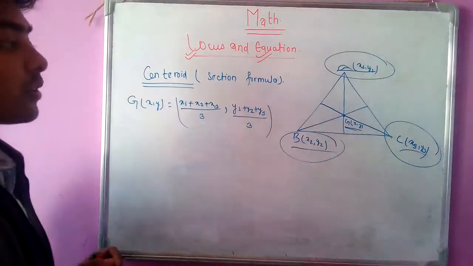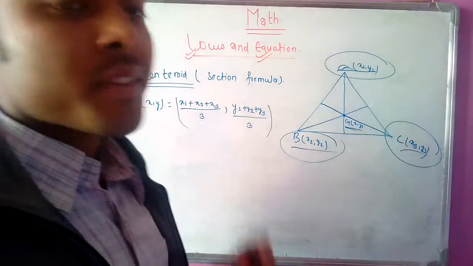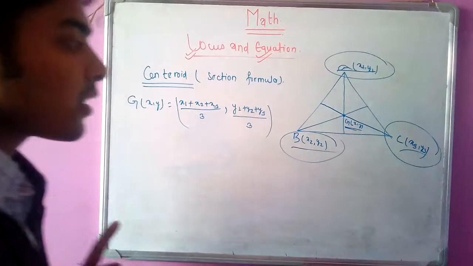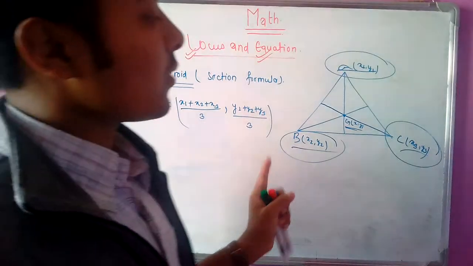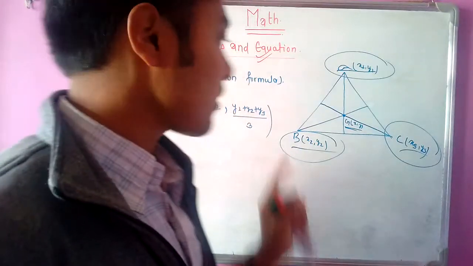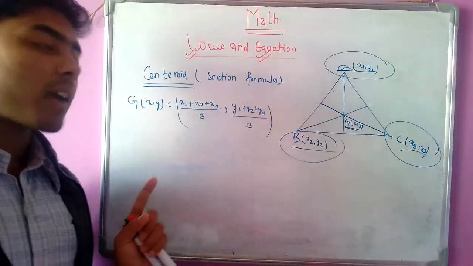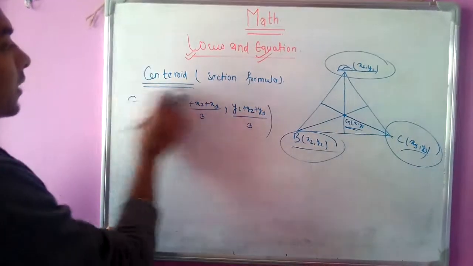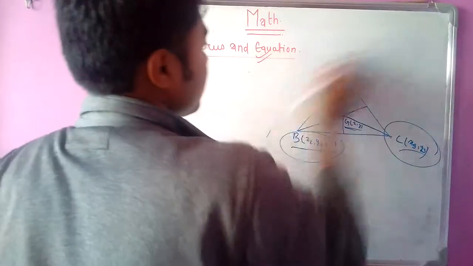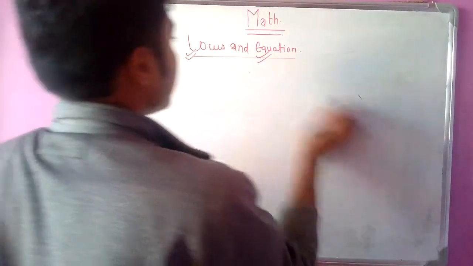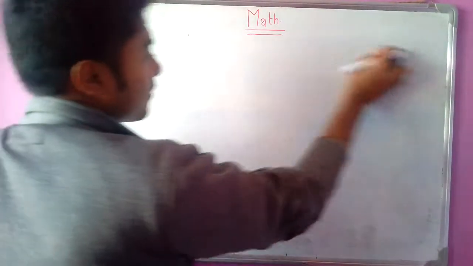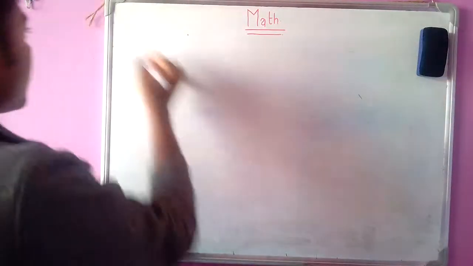So we look at first one question directly related to the centroid, and another question in which we will calculate the third vertex with the help of two vertices of the triangle and a centroid.